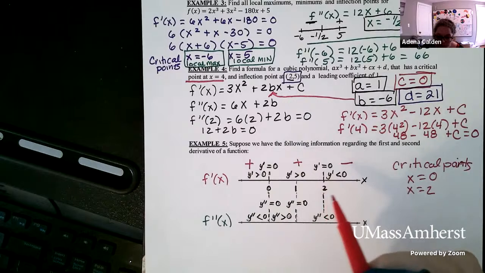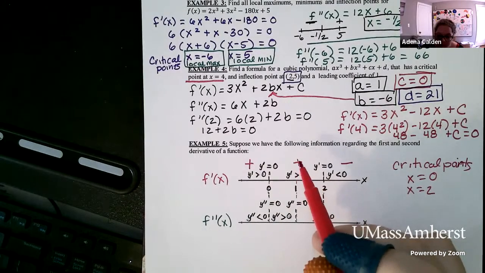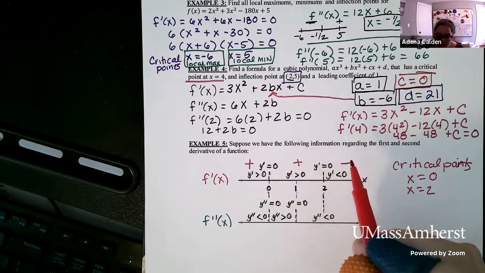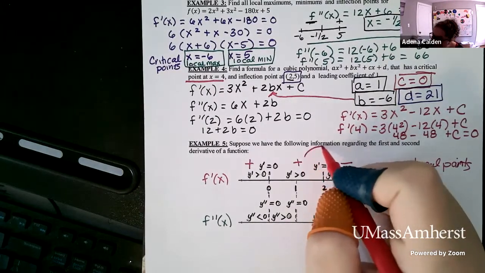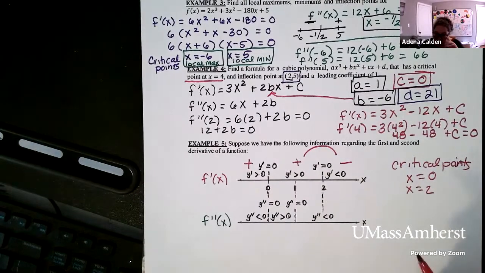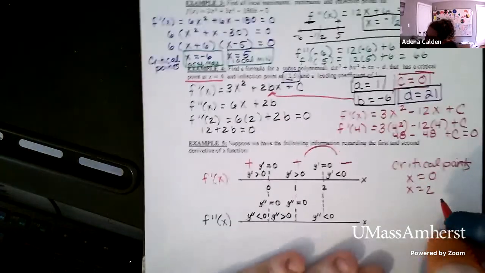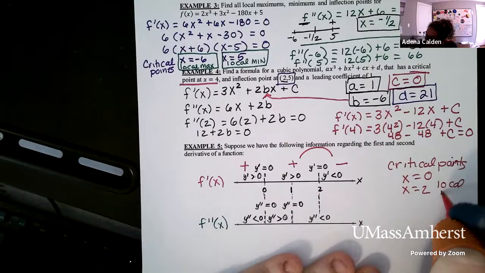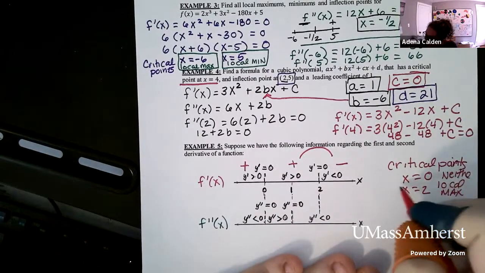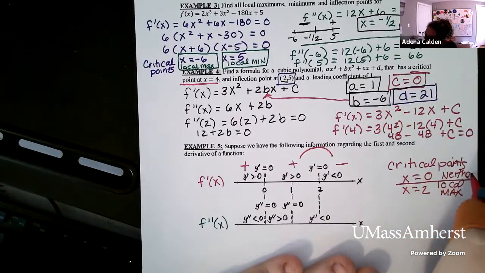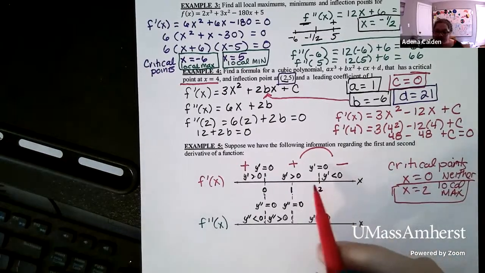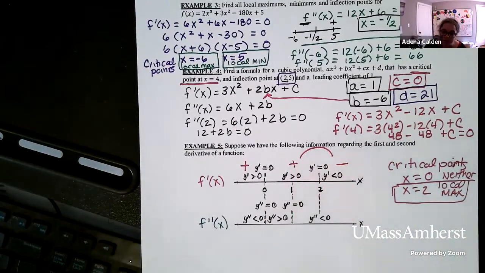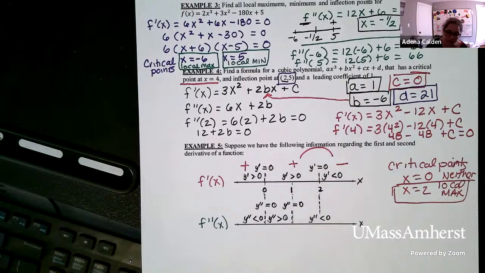However, at x equals 2, the first derivative changes from positive to negative, which means the original function was increasing and then decreasing, which makes 2 a local max. Again, x equals 0 was not a local max or local min, but x equals 2 is a local max because the sign of the first derivative changes from positive to negative.